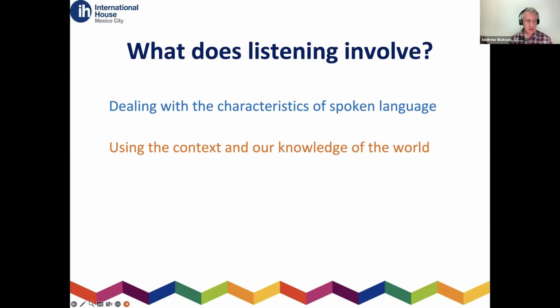And it involves understanding different text types. Remember, text can be written or spoken. So when we're talking about listening texts, we're talking about audio texts. So what different spoken text types can you think of?